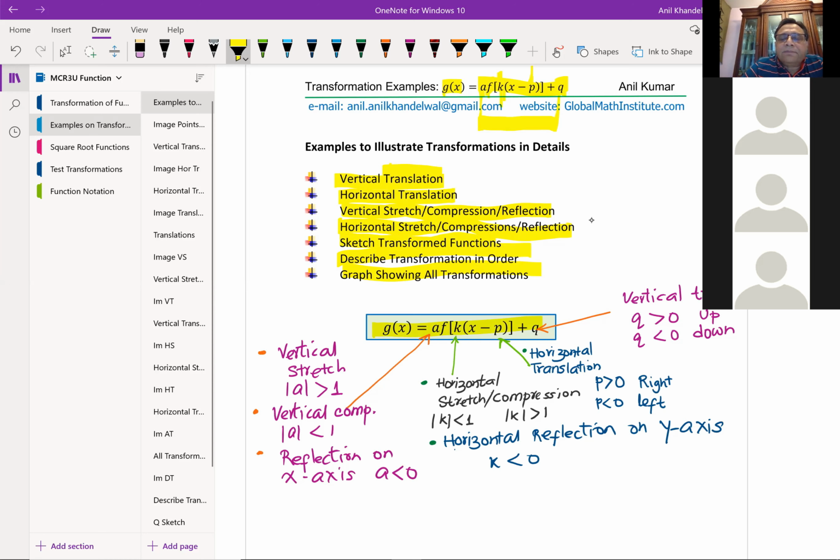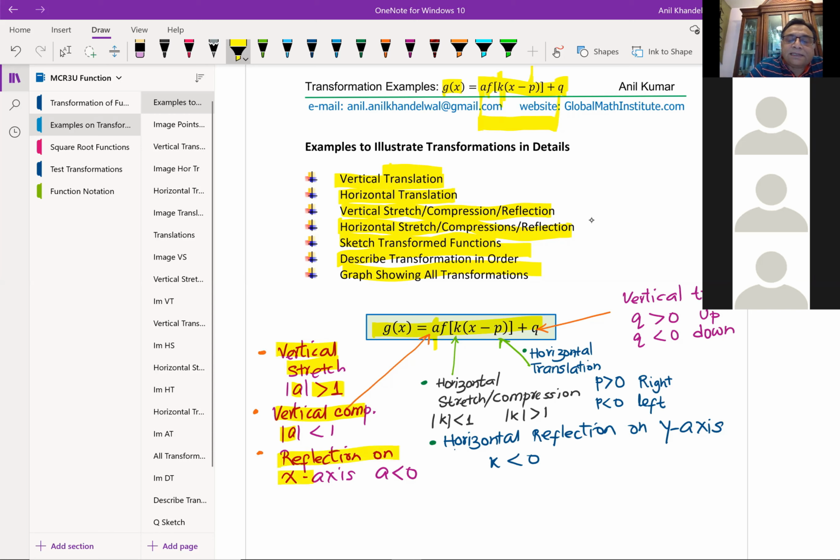So as I was saying, the value of a, you will learn that it could affect the function by vertical stretch by a factor of a, stretch when a is greater than 1. It will be a vertical compression when the absolute value of a is less than 1. That is, a is between 0 and 1. Okay.